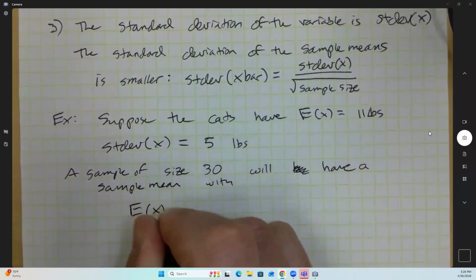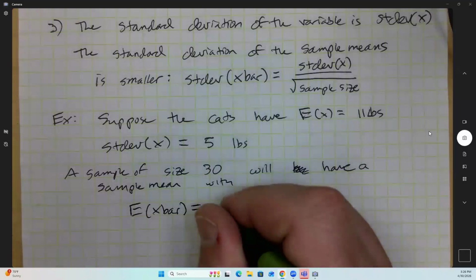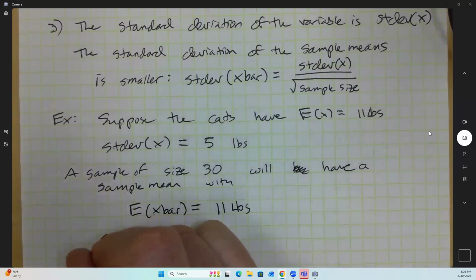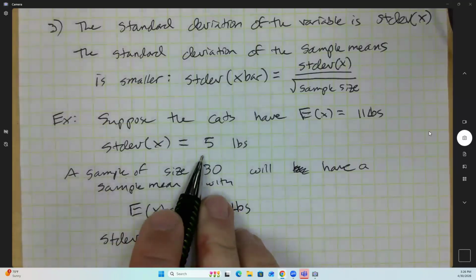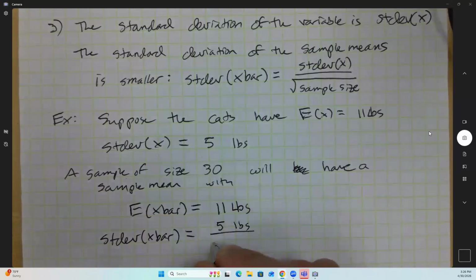where the expected value of the sample mean, this one you all can just tell me, is what? 11 pounds, because it's the exact same. But the standard deviation of the sample mean, it's not 5 pounds. It's 5 pounds divided by the square root of 30.